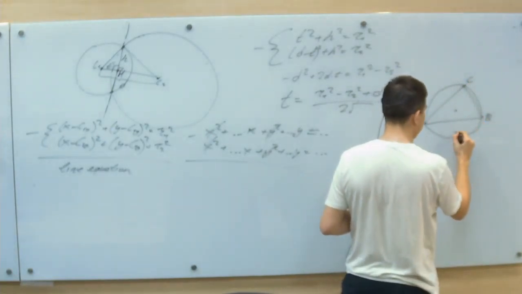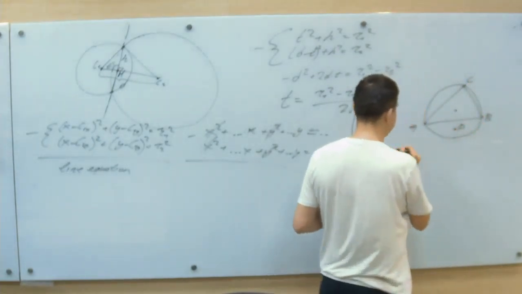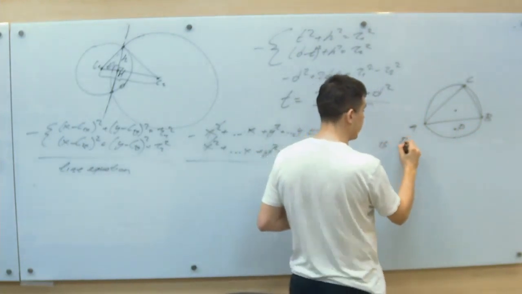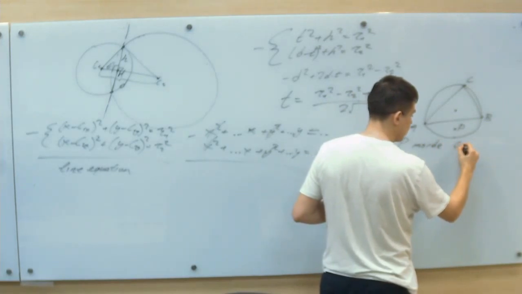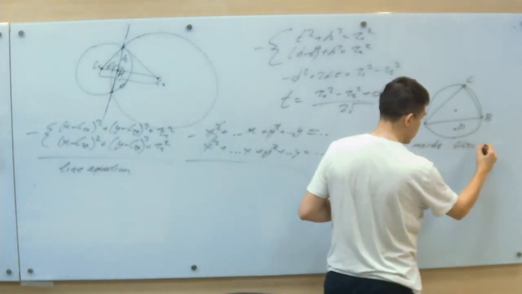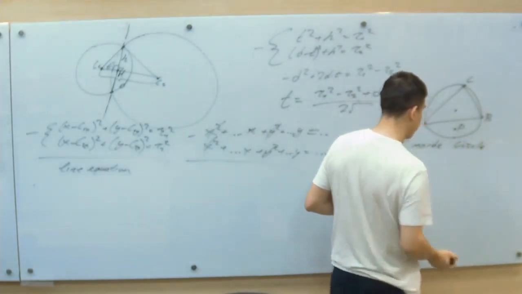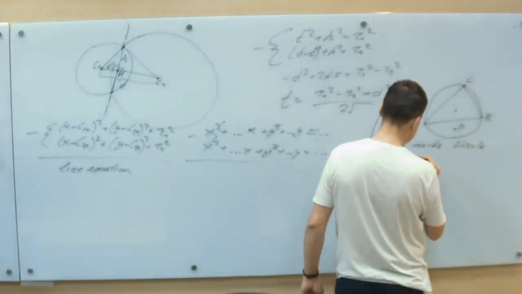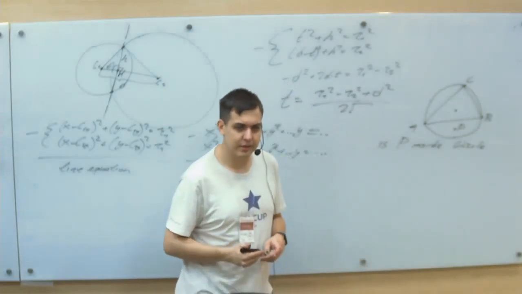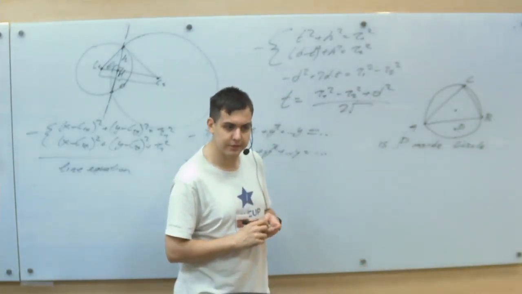And we have one more point P. How do I check: is P inside the circle — what's the word, circumscribed, right?